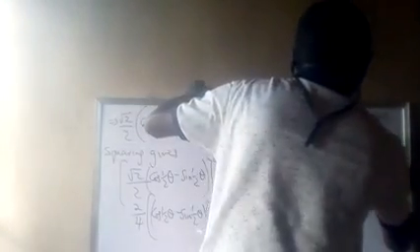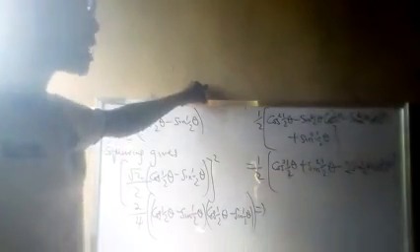So by the time we expand this, we have half, collecting like terms, cos square half theta plus sine square half theta. Then minus sine half theta cos half theta minus sine half theta cos half theta, that's minus 2 sine half theta cos half theta. Now this is 1 already, because cos square theta plus sine square theta equals 1.